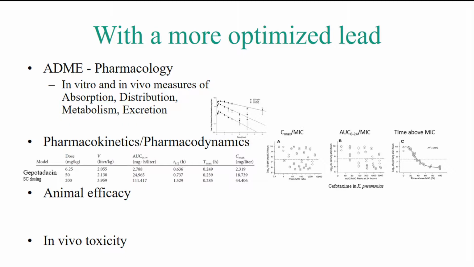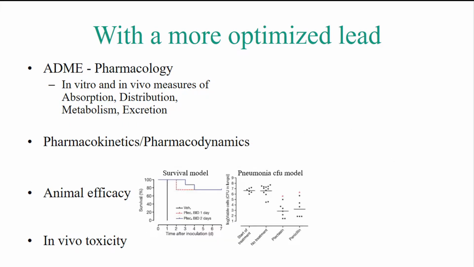And it turns out that for cefotaxime, as with all beta-lactams, you get killing that is related to the time that the drug is above the MIC in the body. And that's sort of nice. But other drugs and other mechanisms have other results.